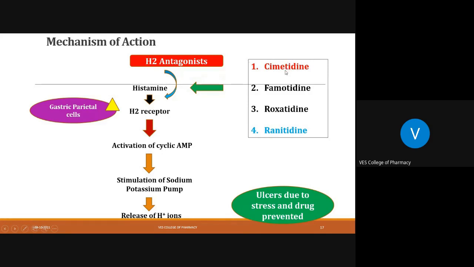This whole discussion will revolve around cimetidine, which is the prototype drug. The other drugs are next generation drugs, so the side effects of cimetidine and even some interaction problems get decreased with these drugs.